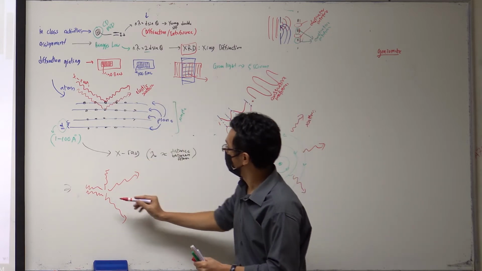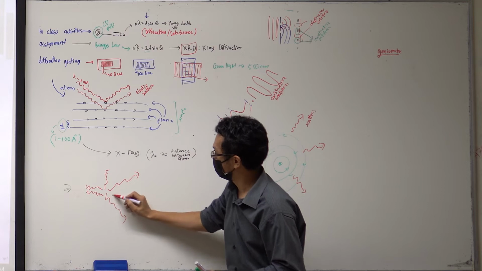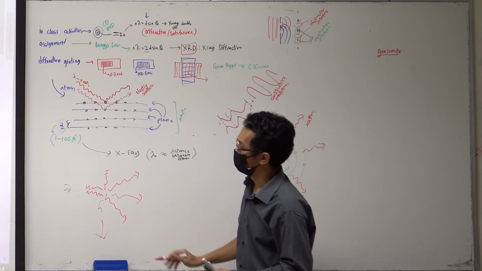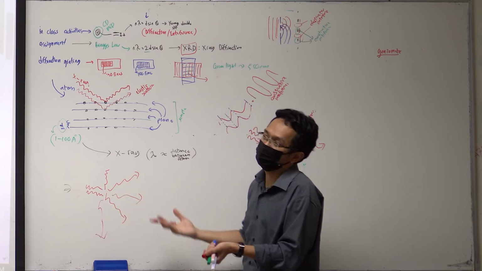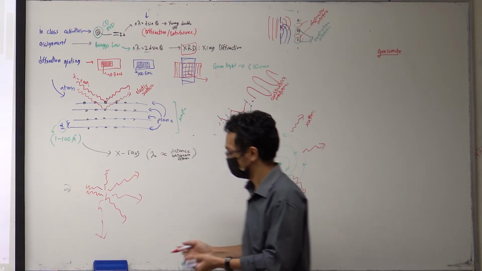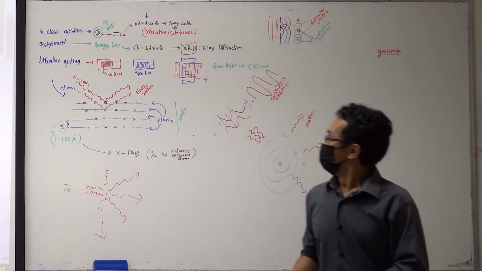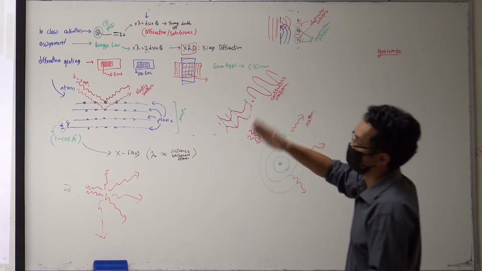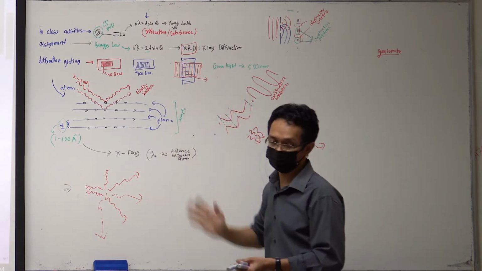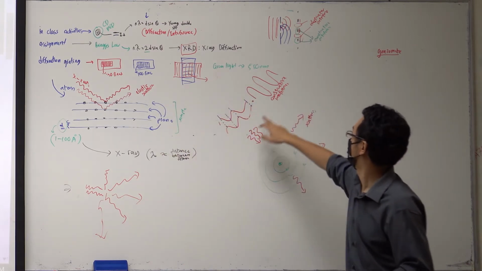If the scattering is just haywire like this, then you cannot really use it. So that's why it moves, to find the angle of this constructive interference.